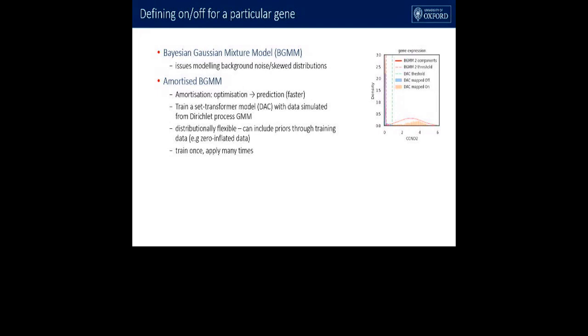And then once that model has been trained, you can just use it for prediction on real datasets. So in this case, we used a deep set transformer network to do this, and we trained it on distributions assuming this kind of Bayesian Gaussian mixture model that I mentioned before. But the cool thing about this is that it's distributionally flexible. So it's really easy to include certain priors through the data. In this example, we train it on data that looks like RNA-seq data.